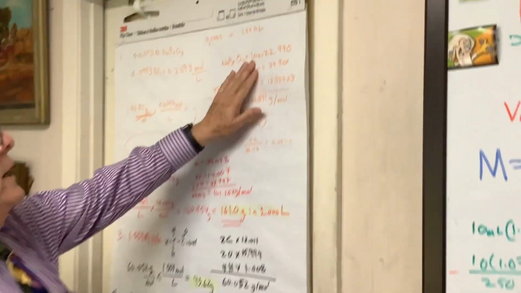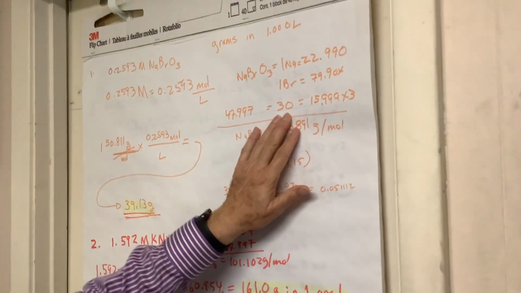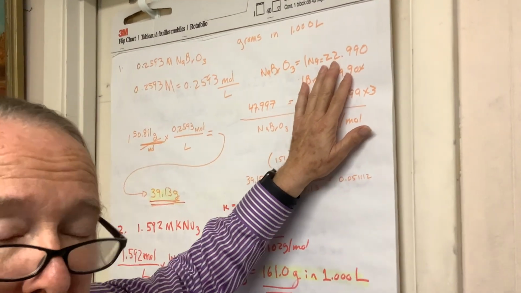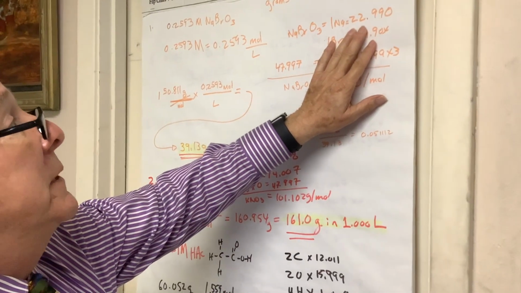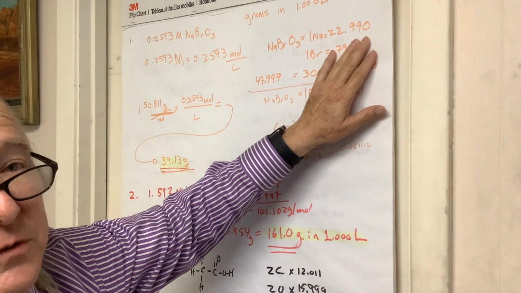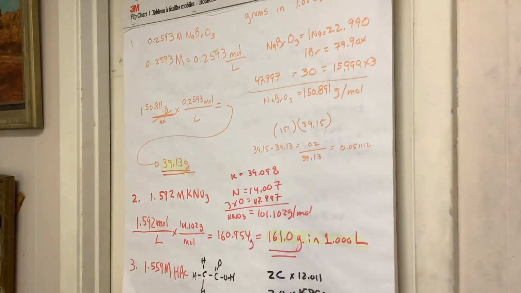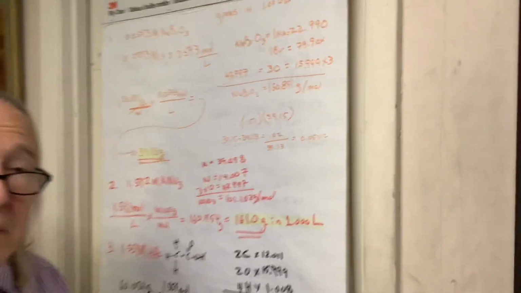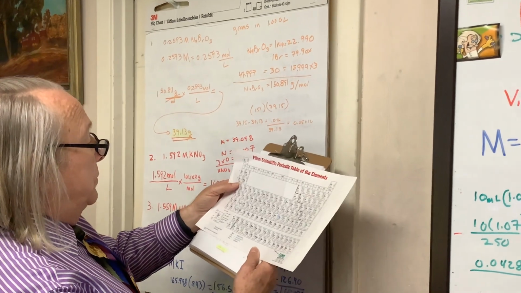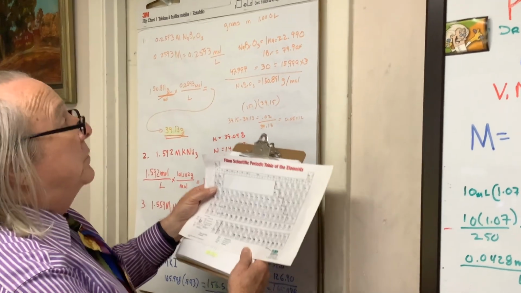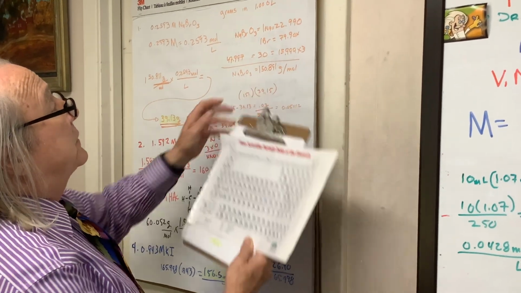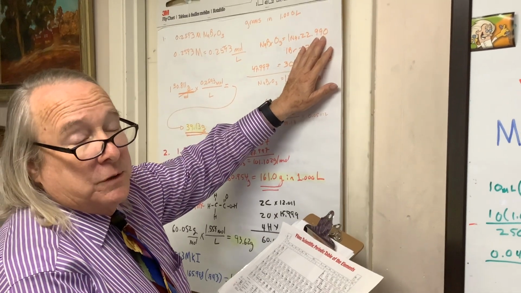Now, sodium bromate has 1 sodium, 1 bromine, and 3 oxygens, NaBrO3. Sodium, if I go to my periodic table, in the atomic mass, average atomic mass, it says 22.990 on my table. Not every table's the same. Your mileage may vary. I have another table here and it says sodium is 22.9898, which if you abbreviate to only 3 significant figures would be 22.990.